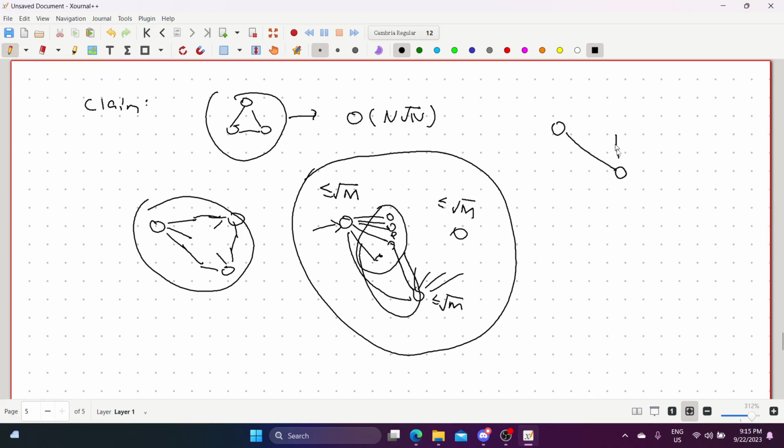So this is m square root m, because we don't think of it in terms of the vertices, we think of it in terms of the edges. For this edge, we will visit square root m vertices. And then for this edge, we also look at m square root m vertices.